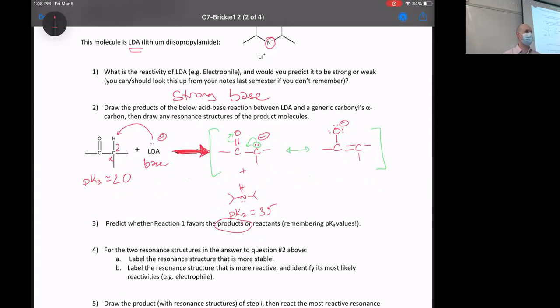Yeah, it's far more electronegative by a lot. So that one on the right is far more stable. Okay, so if this one's more stable, which one's more reactive? Yeah, the other one, the one on the left. So that one's more stable. This one would be less stable, so more reactive.